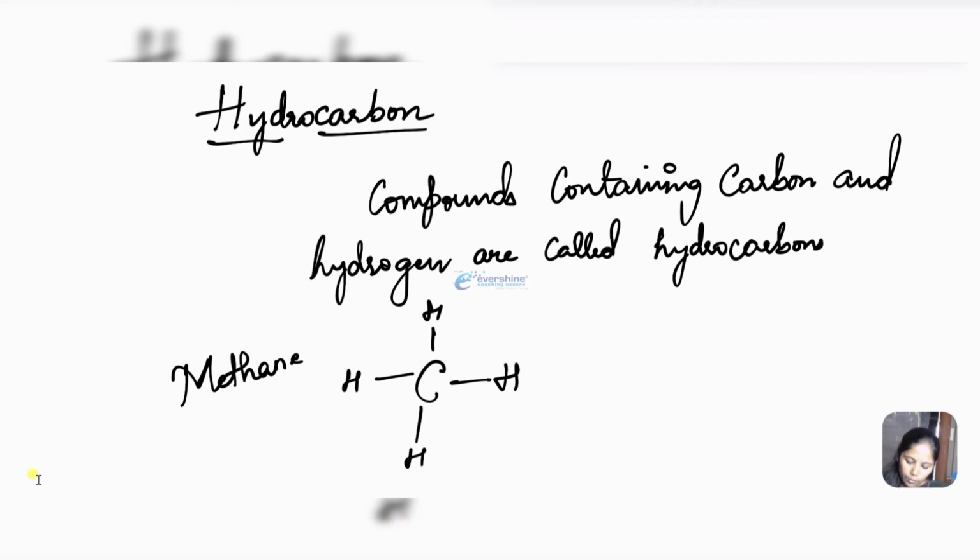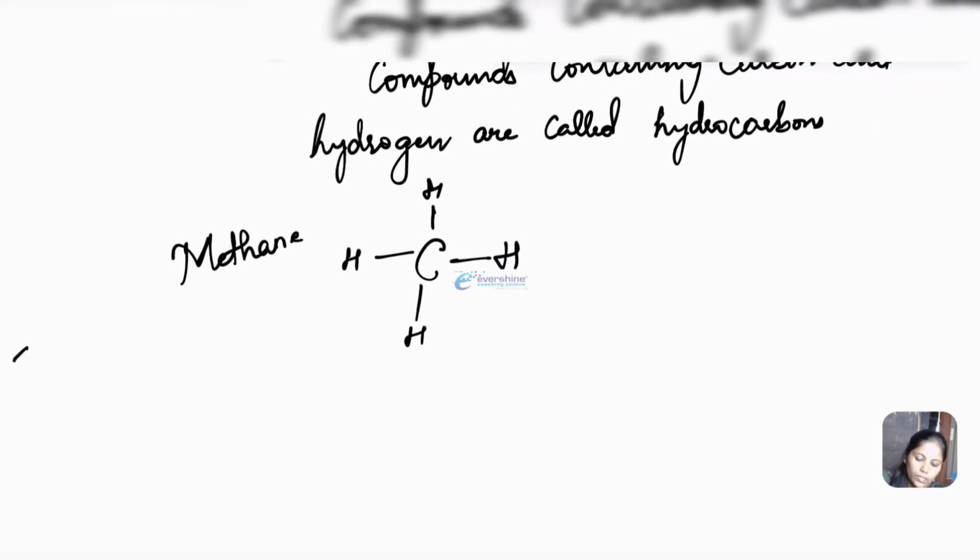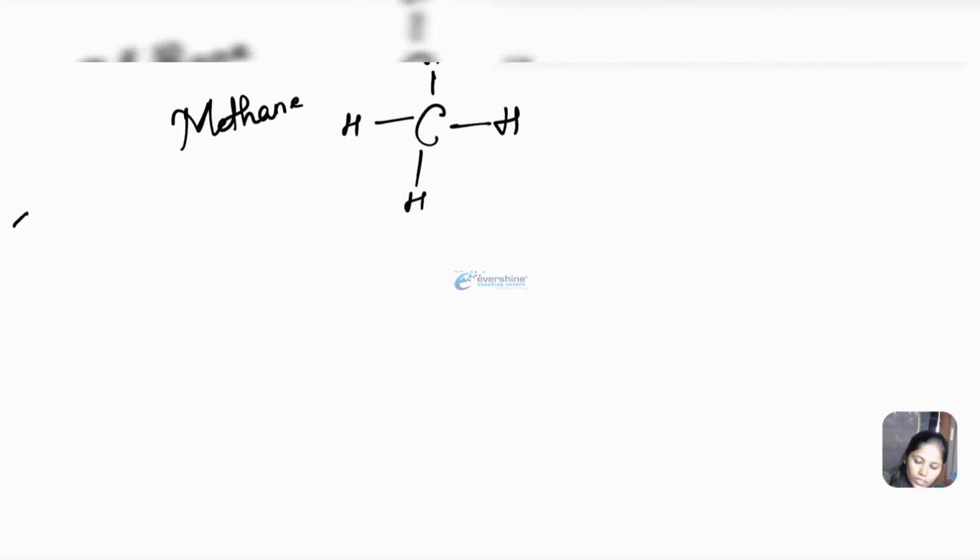In hydrocarbons, there are 2 types. How many types of hydrocarbon are there?